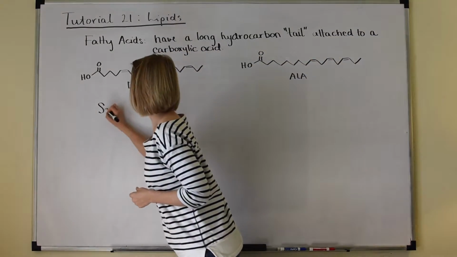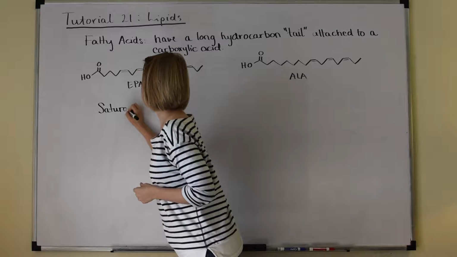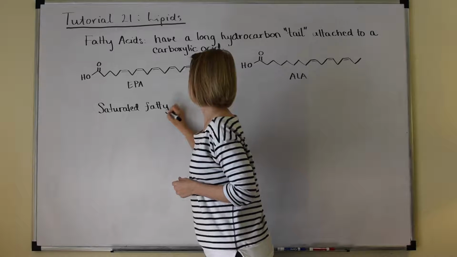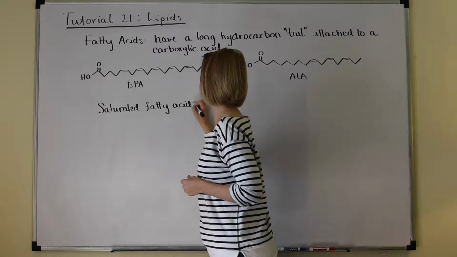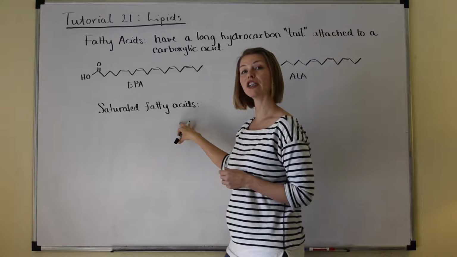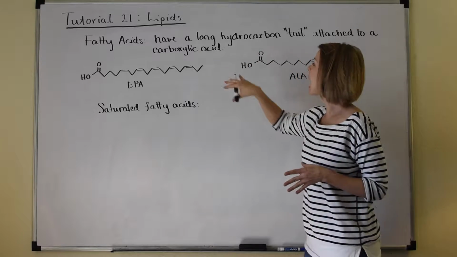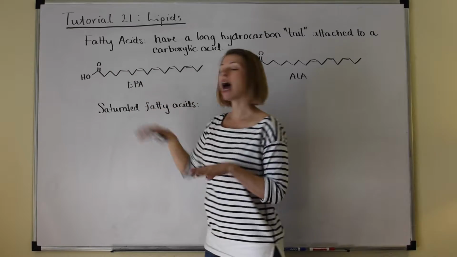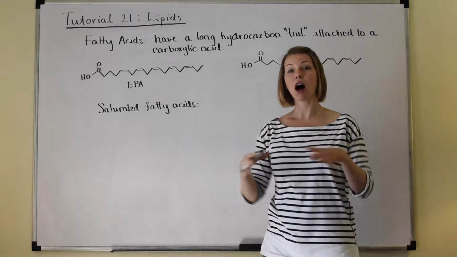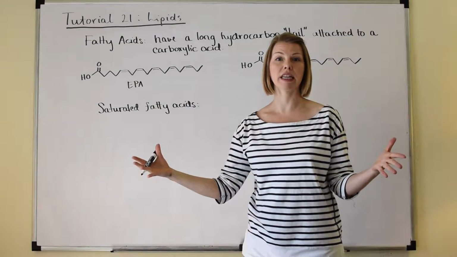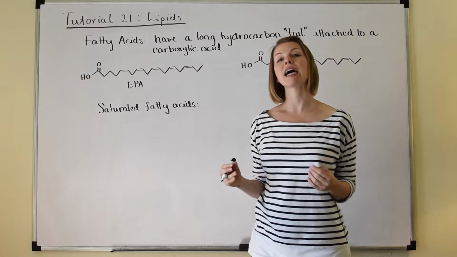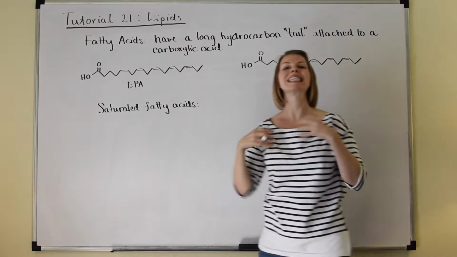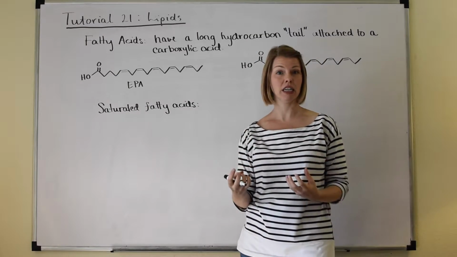Okay, so saturated fatty acids, that term, saturated, is referring to the hydrocarbon chain, that hydrocarbon tail. And just like a hydrocarbon that is saturated, when we say that a fatty acid is saturated, we're saying that the hydrocarbon tail is saturated with hydrogen.